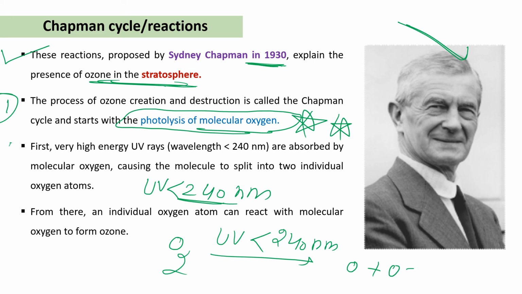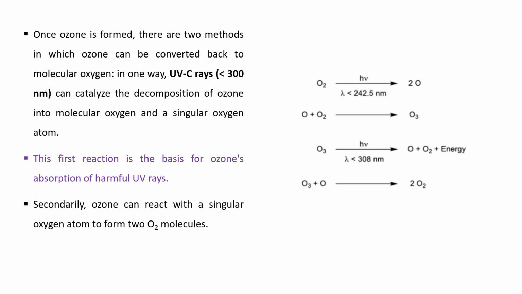These oxygen atoms again react with oxygen and form the ozone molecule. So here you can see the oxygen molecule, when the wavelength of UV radiation is less than 242.5 nanometer, forms two oxygen atoms, and these oxygen atoms again react with molecular oxygen and form ozone.